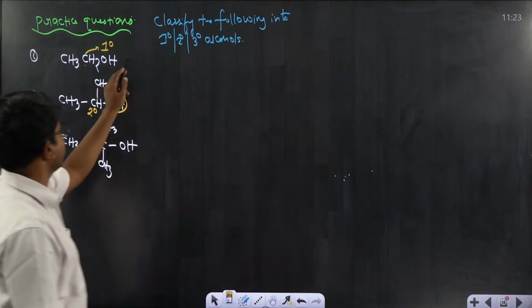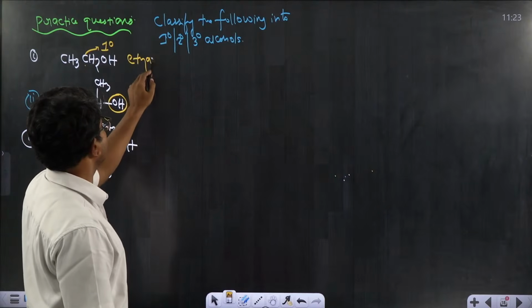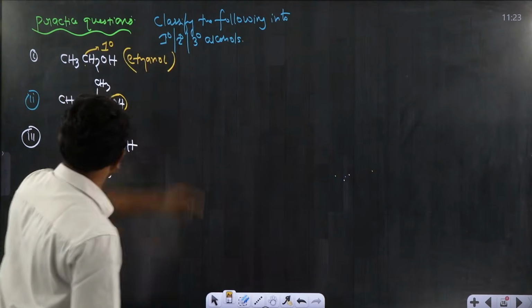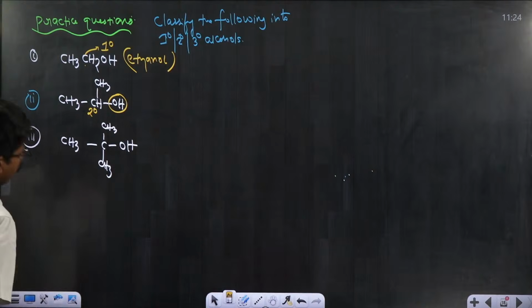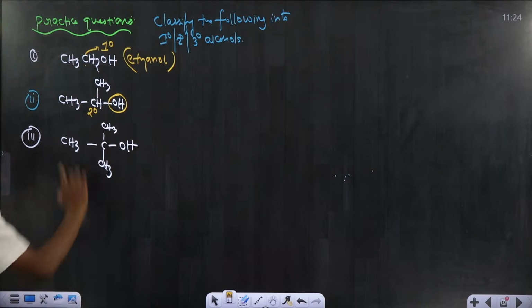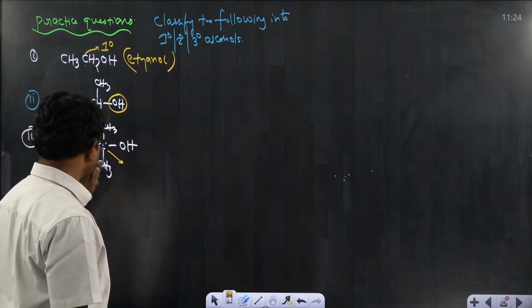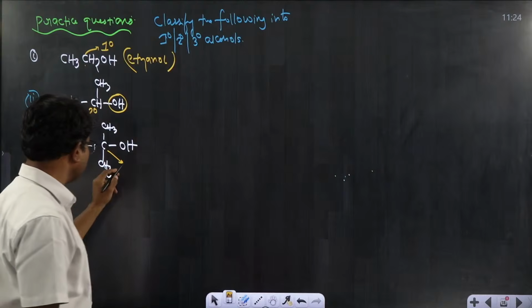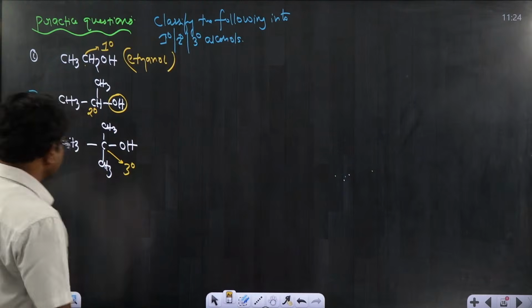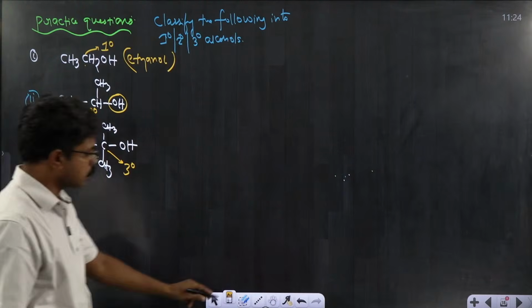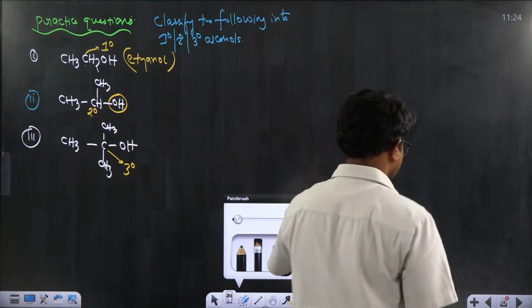Yes, this is very good. This compound is ethanol. Some of you have given the answer. This can be called isopropanol or isopropyl alcohol. All these names you will be studying in future classes. Now, the carbon which is in direct contact with OH is a tertiary carbon. Hence, the corresponding alcohol is a tertiary alcohol.